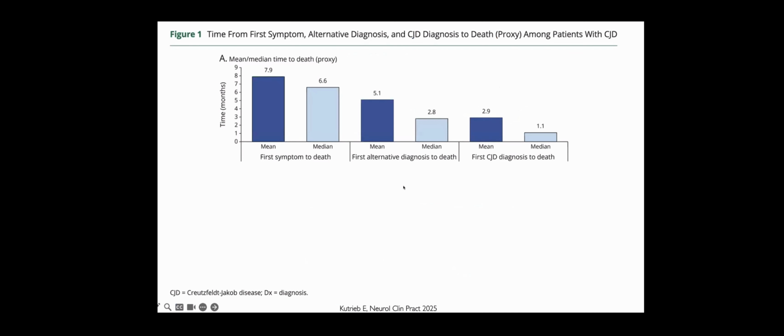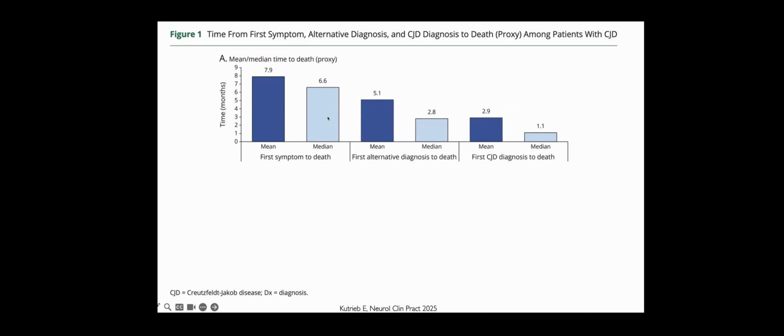One of the unfortunate things about prion disease that you all know too well is how quick it is. This was a study that Ionis helped us with that looked at public databases for medical visits in the US, so it's kind of a general population study.